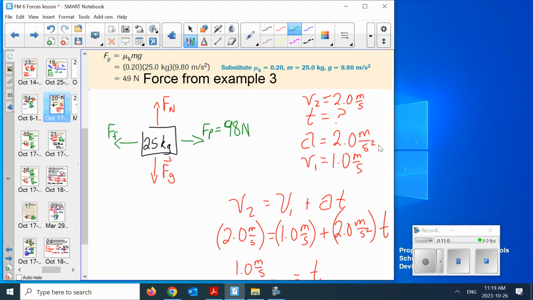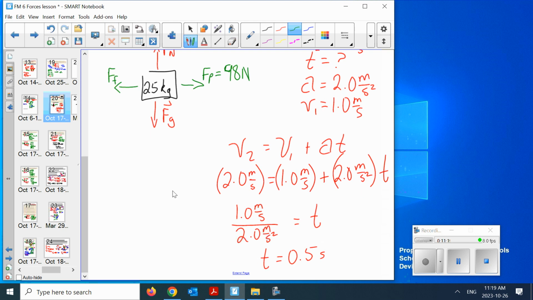So when you read this, sure, there's a diagram you can have. This friction's working to the left the way I drew it. Pushing force is 98. But it really is not so much a force problem as it is just using these equations. So this was actually easier than the other, but you had to read through an example. Because you really didn't need it to solve this problem. Yes.